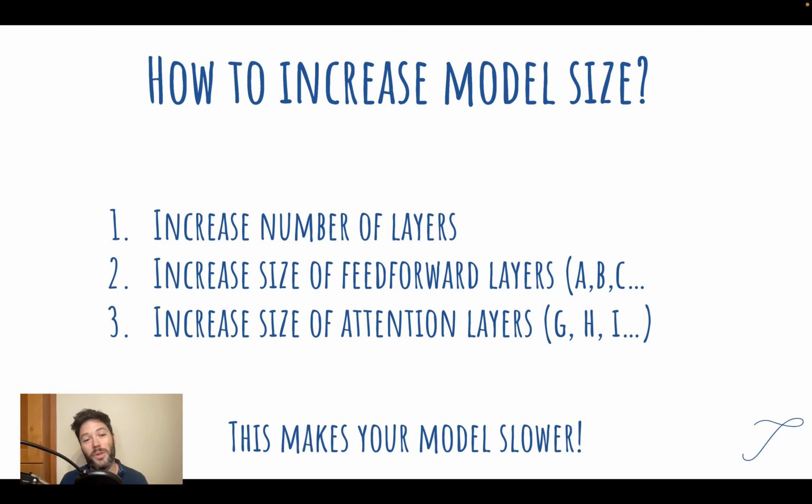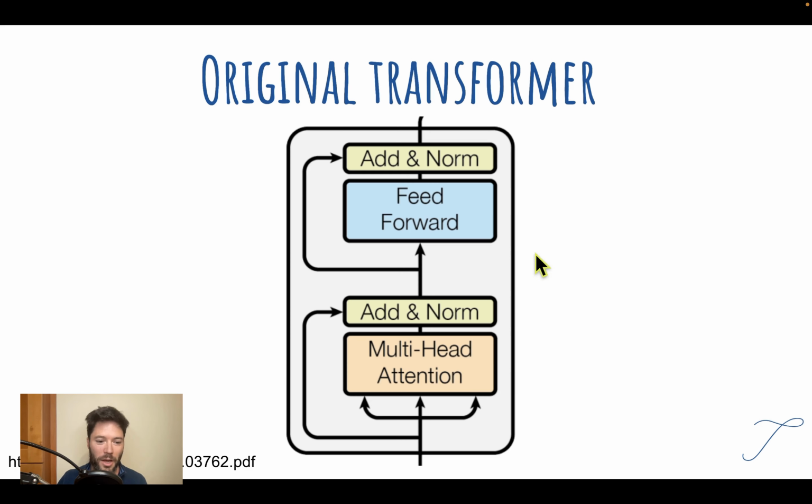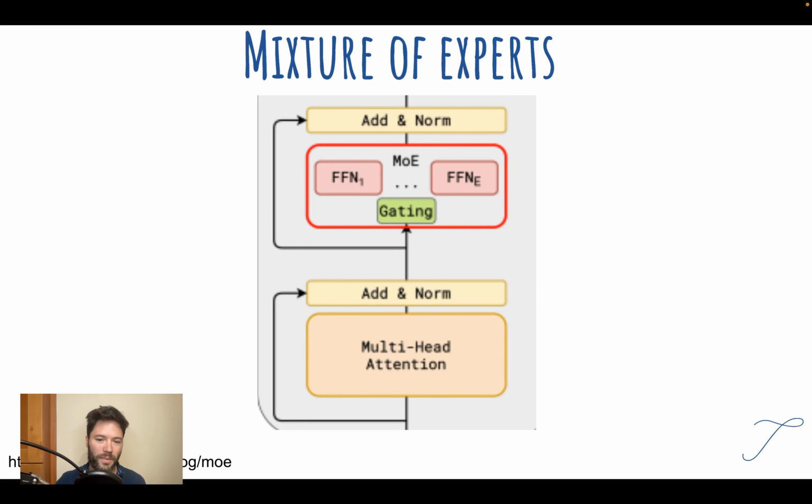And this is how you get to the idea of the mixture of experts. Basically, you keep on increasing the size within each layer, you keep on increasing the number of layers, your model gets better and better, but as you try and make it a better fit to the data by adding parameters, it becomes slower. So what mixture of experts does is it actually keeps the same attention mechanism within each layer.